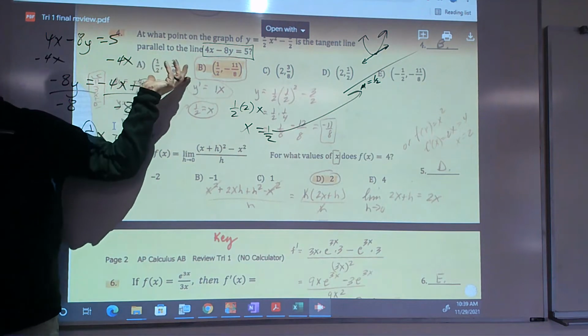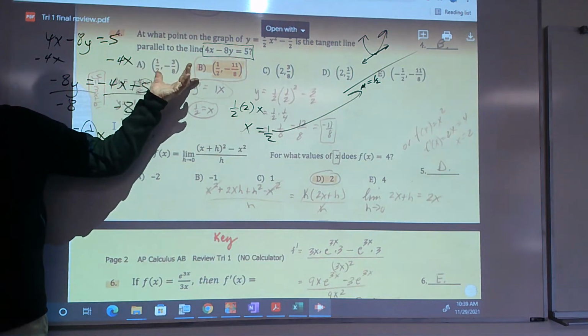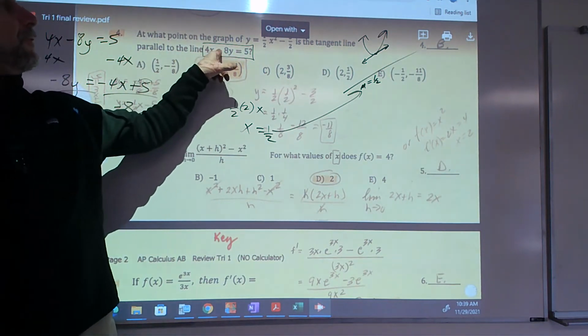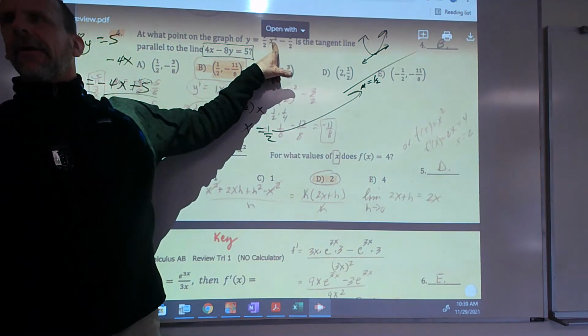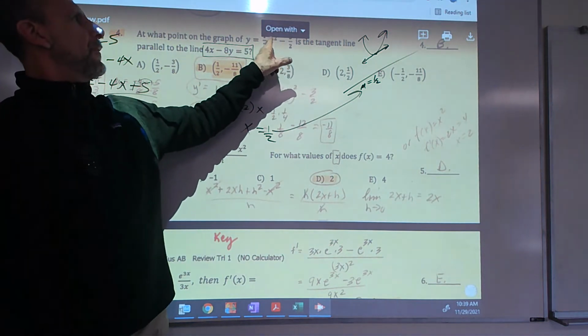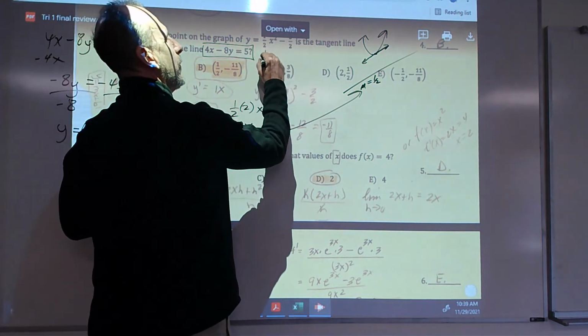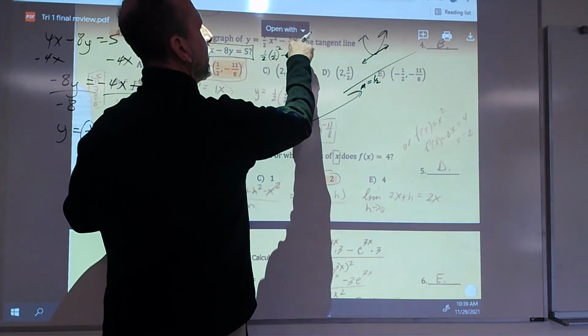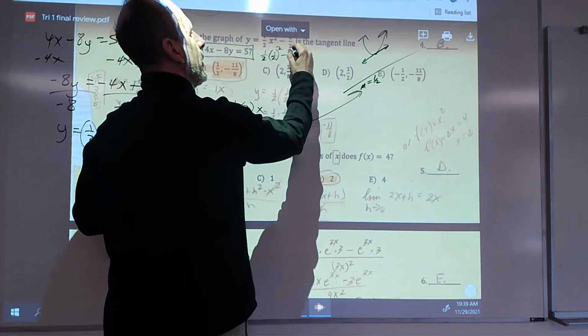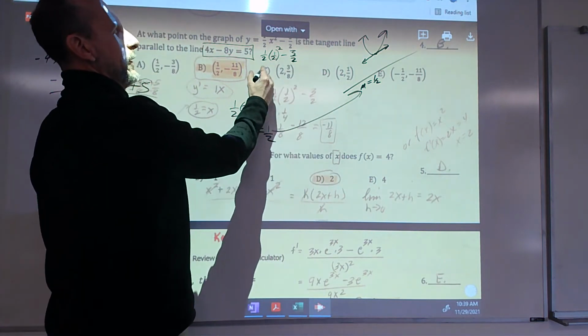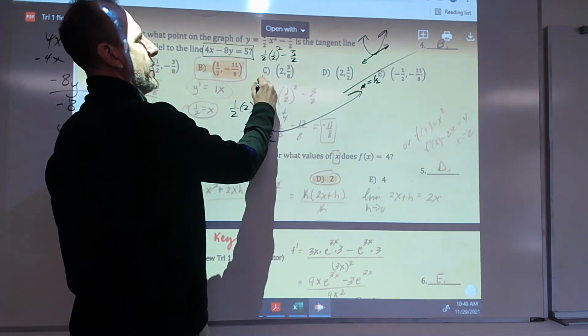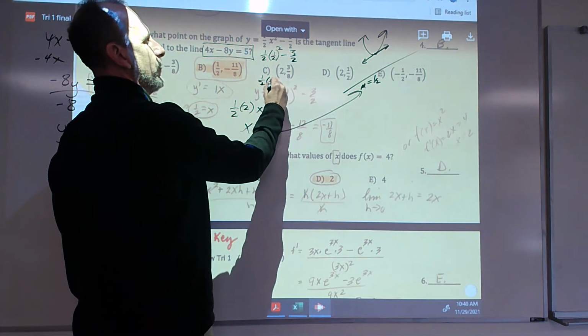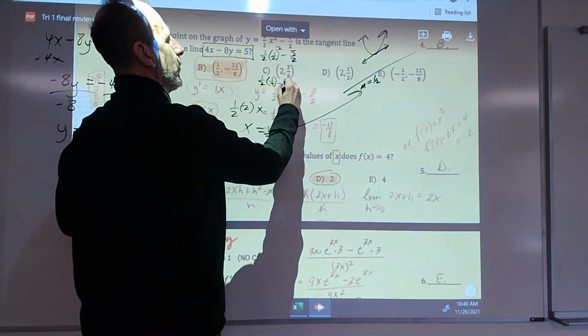How would you find the y? You guys know? Plug it into what? The original, this one or this one? This one right here, right? So it'd be 1/2 times 1/2 squared minus, what is that? Is that 3/2? Which is 1/2 times 1/4 minus 3/2.